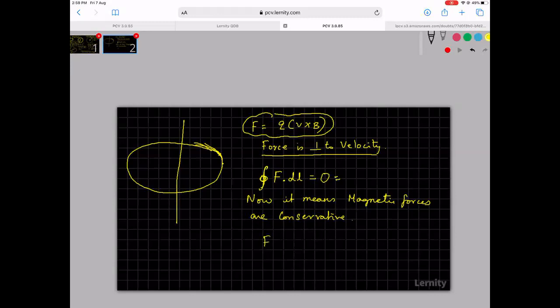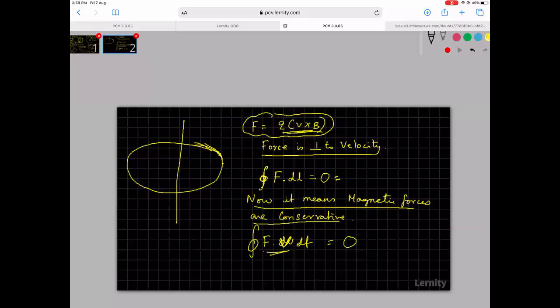It is F dot v dt, where F is equal to q v cross B, so this product will become equal to 0. So now it means that it is a conservative force.